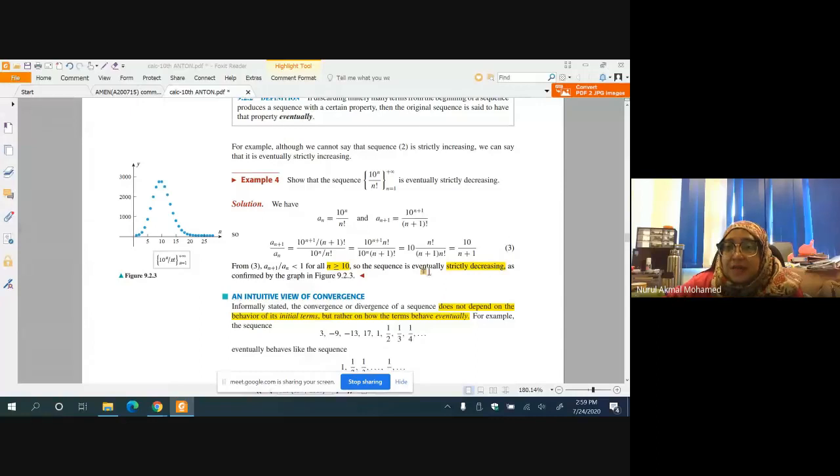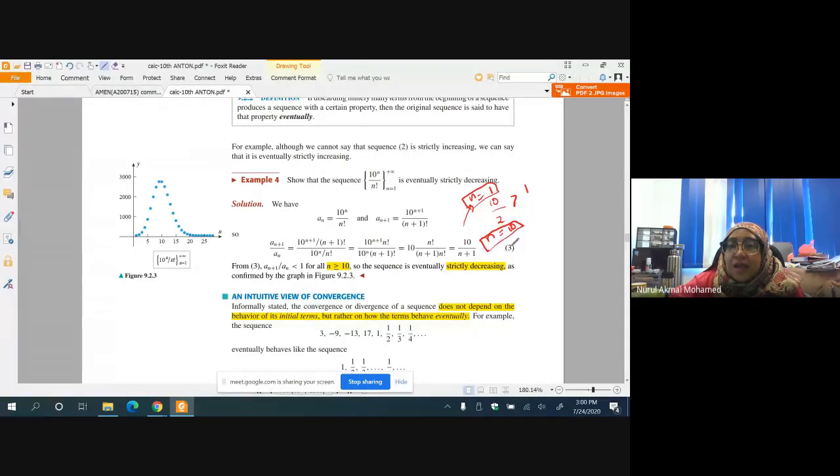For n equal to 1, you will have 10 divided by 2, which is obviously greater than 1. But this is not something that we want to look at. What happens if you have n greater than 10?